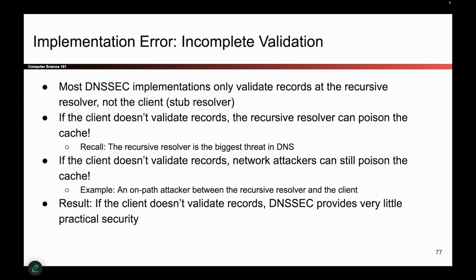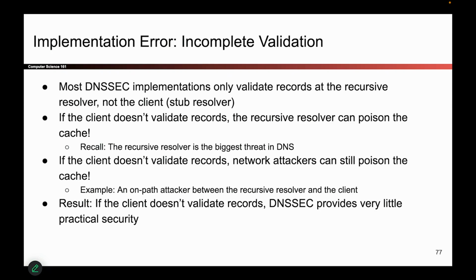Well, now we've introduced a security vulnerability. If we're not the ones validating the records and we're making the recursive resolver do it, the recursive resolver itself could send back poison records, and we would trust them because we're telling the recursive resolver to do all the signature verifying for us. That only works if you trust the recursive resolver. If you don't trust the recursive resolver, then you're in trouble.